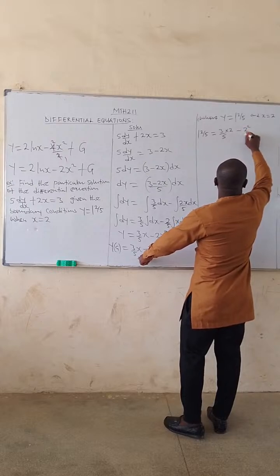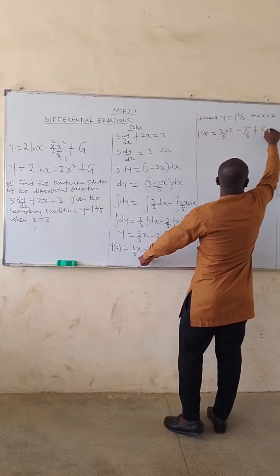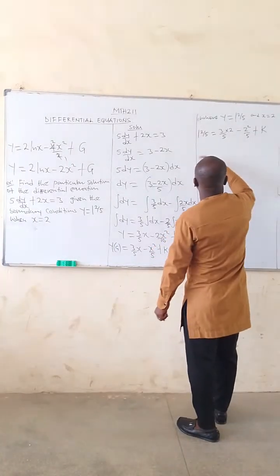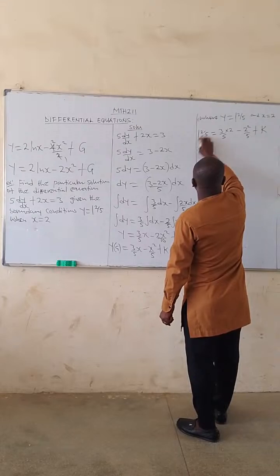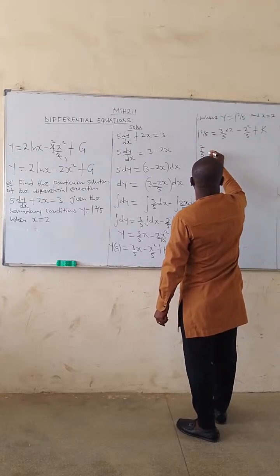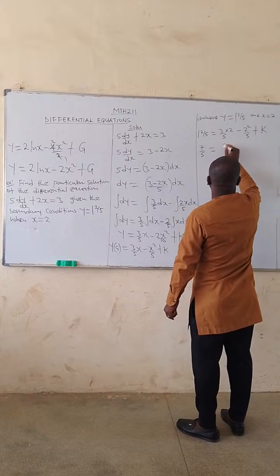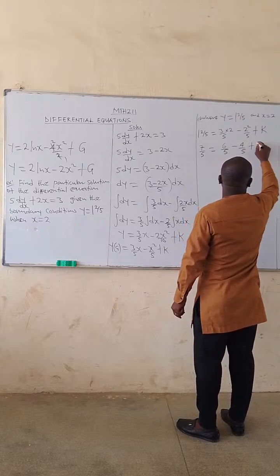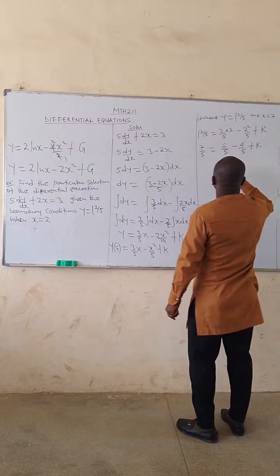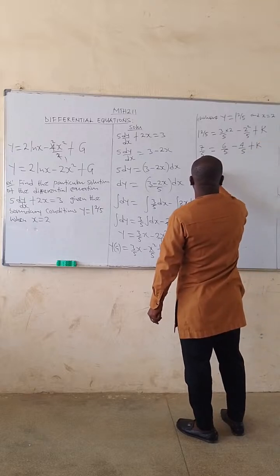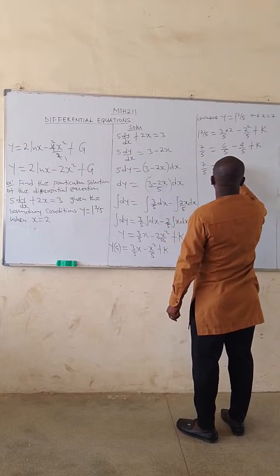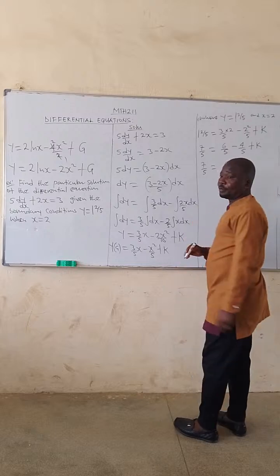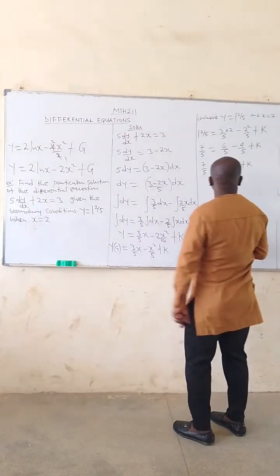Minus 2 squared all over 5 plus k. This times this is 5 plus this 7 all over 5 equals to this times this 6 all over 5 minus 4 all over 5 plus k, right? So here is 7 all over 5 equals to 6 minus 4 all over 5 plus k. So this is 2 over 5.